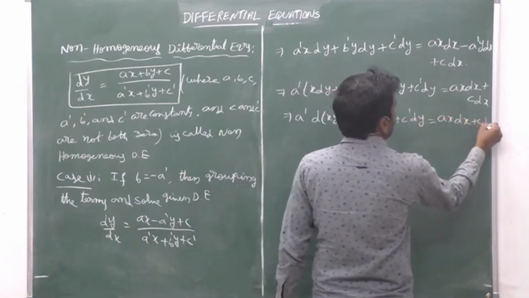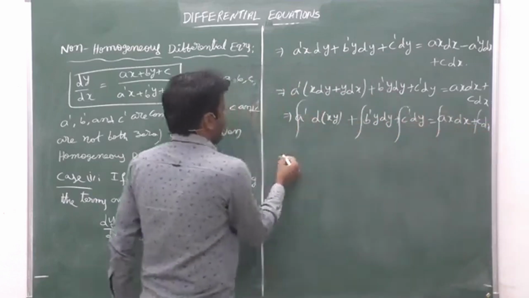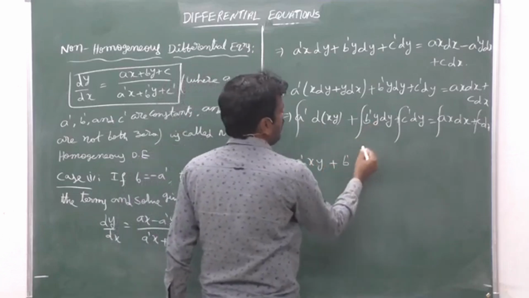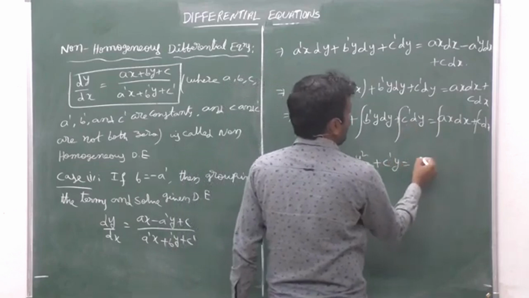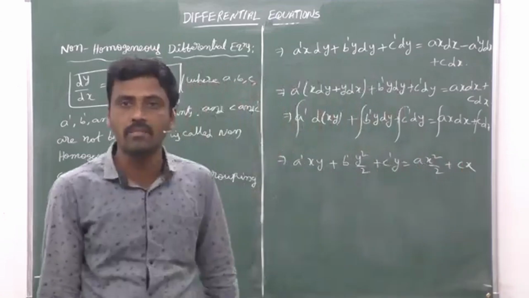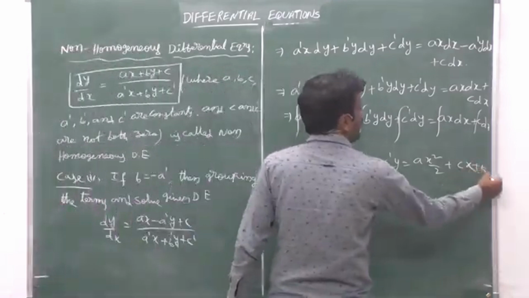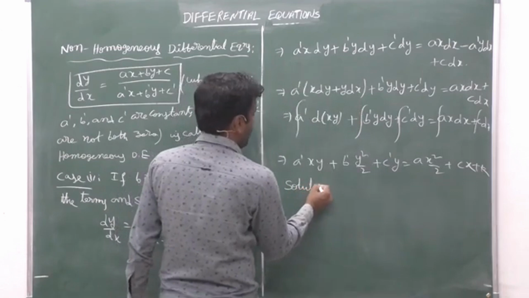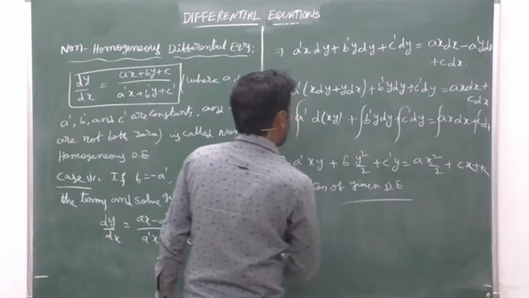Now integrating on both sides, we get a dash constant integral d of xy, b dash constant integral y dy, y square by 2, c dash constant integral dy, y, a constant integral x, x square by 2, c dx means cx, plus constant k. That is the solution of given dE. That is case 1.